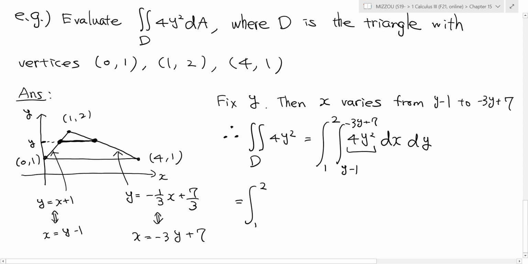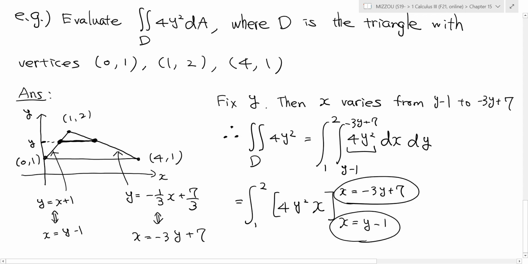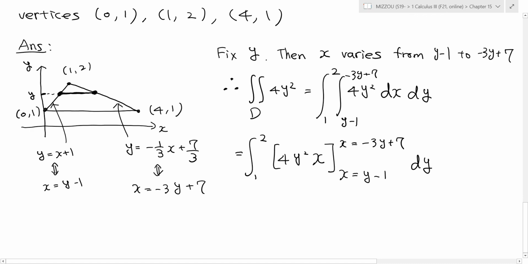Anyhow, then this gives you 1, 2, and then you integrate this with x. So you sort of partially integrate with x. And then x is from, let's do this. In order to emphasize that the variable you are working with is x, it's better to put x equal to here. And then dy. If you plug in, what do you get?